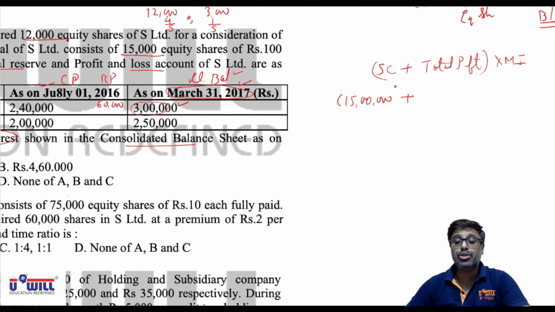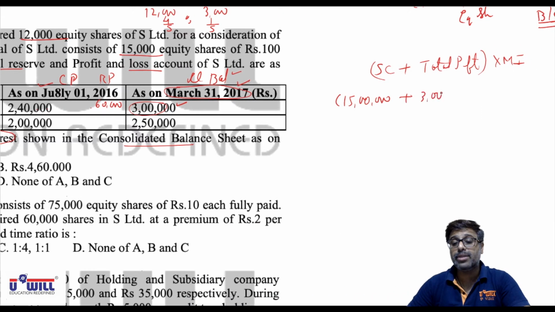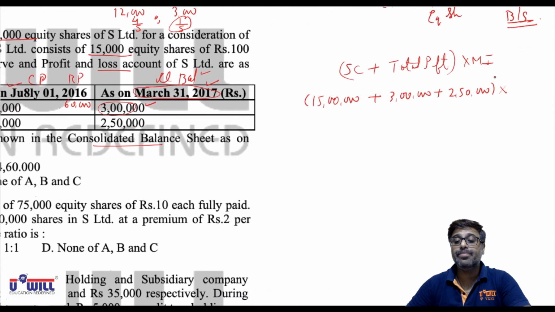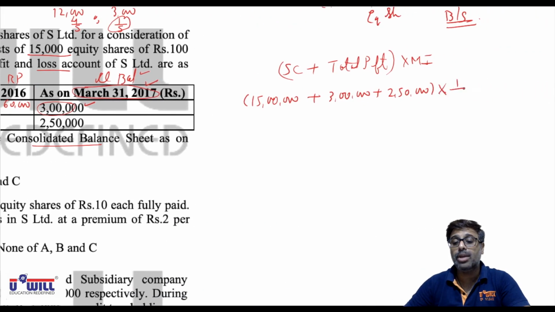So 3 lakhs and 2 lakh 50,000 are the total profits, that is including general reserve. That we have to multiply with the minority interest, that is 1 by 5. This shortcut you will apply in all the minority interest questions. Total profit means closing balance can be directly taken if it is given in the question.